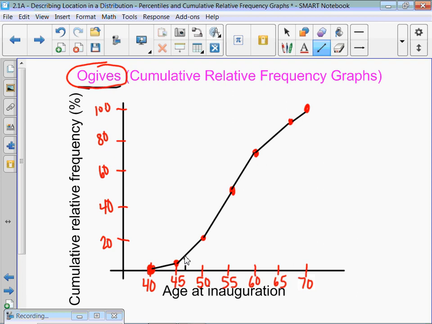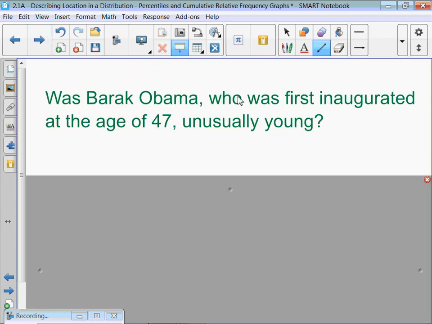You go straight up, and you go straight over, and you estimate. Okay? My graph's not as good. The book says it's supposed to be 11%, but that kind of looks like 10-ish. But you get to estimate. There's not really a wrong answer. But I'm going to go with, you know, the book, 11th percentile.